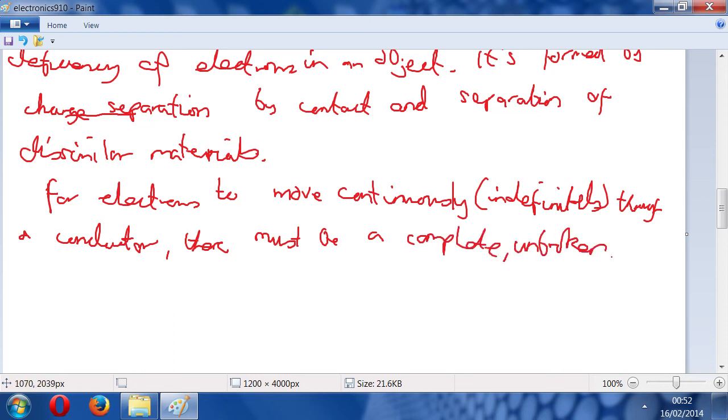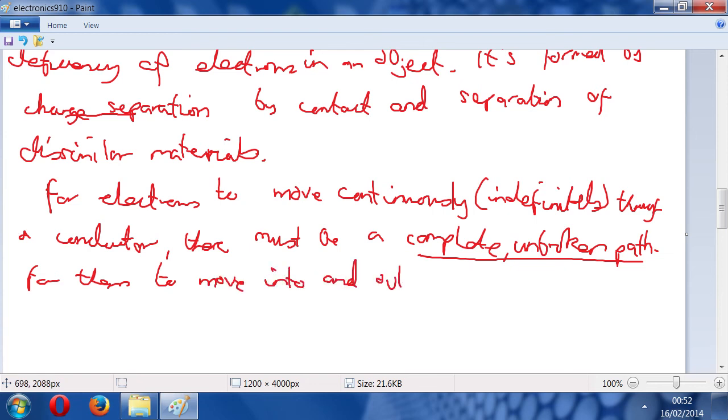That's what we need, a complete unbroken path, for them to move into, just like the marbles, and out of the conductor. So that's going to cover it.